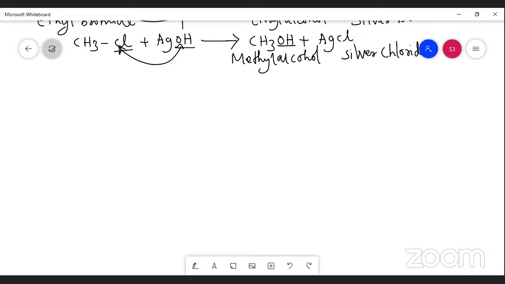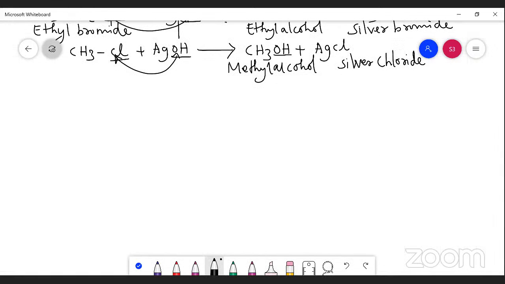Third reaction. Okay, how does it react with ammonia? Reaction with NH3. You know, ammonia is NH3. Okay, so now first you take any haloalkane.